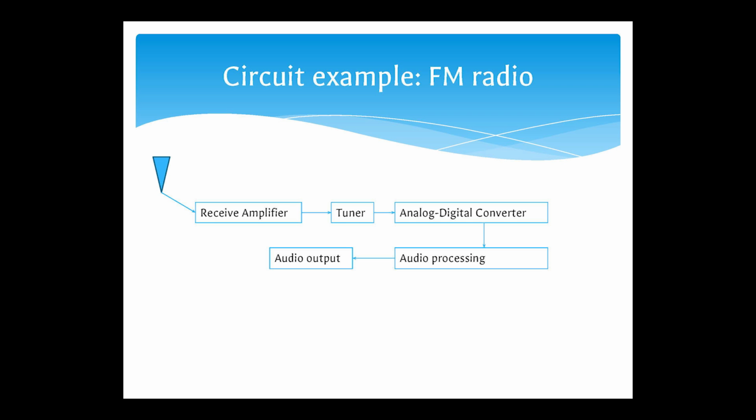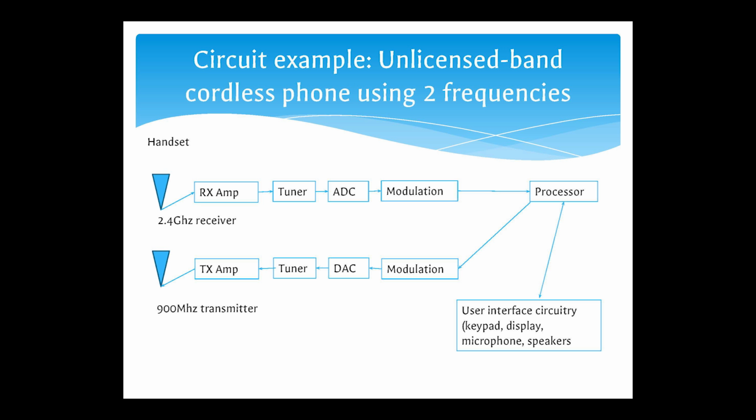Here we have the circuit for the unlicensed band cordless phone using 2 different frequencies for reasons of simplicity. So say we're talking about the handset.